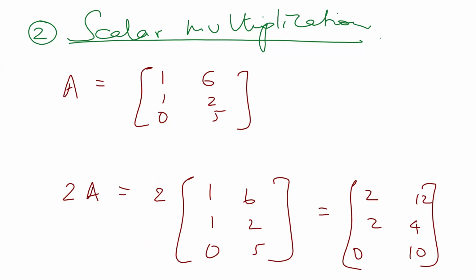Okay. So this is called scalar multiplication. If you are multiplying this with minus 2, multiply each and every element with negative 2. The answer will be negative over here. 0 will remain 0. 0 does not have any positive or negative sign. This is scalar multiplication.